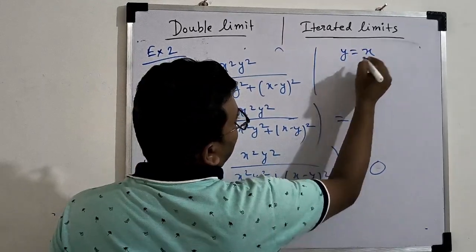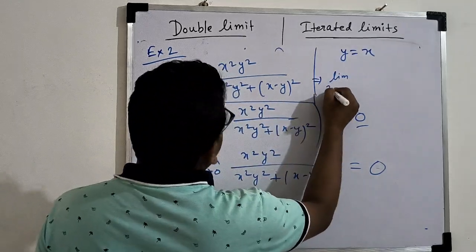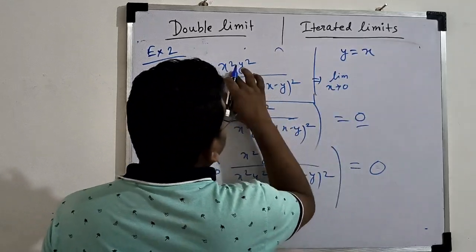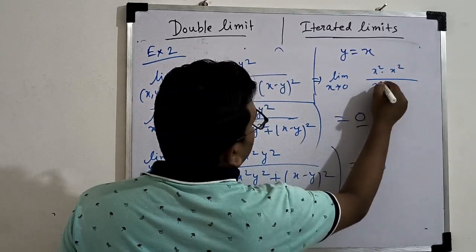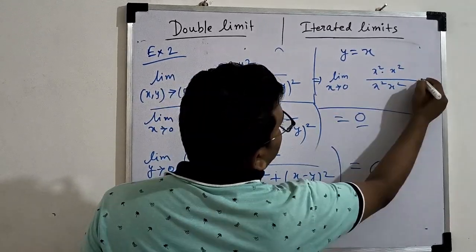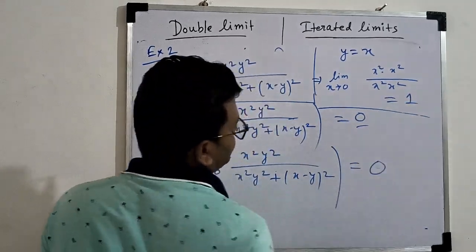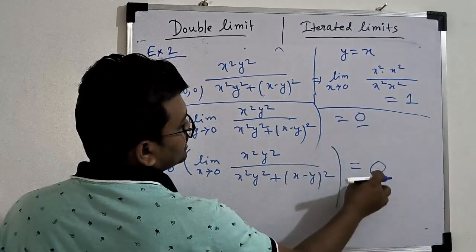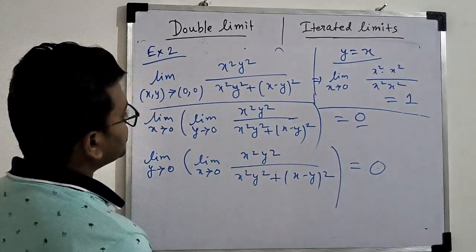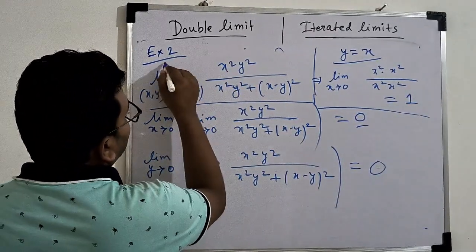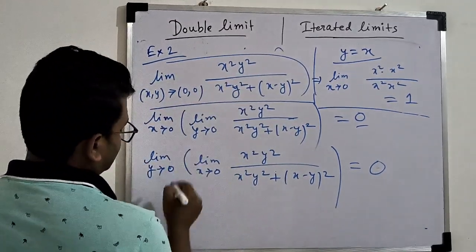If we take the path y equal to x, then this limit becomes limit x tends to 0 of x square into x square divided by x square into x square plus 0, that is x to the power 4 by x to the power 4, so this is 1. So for the iterated limit this is 0, and for this path we get 1, so they are different. From this we can conclude that the limit as (x,y) tends to (0,0) does not exist.